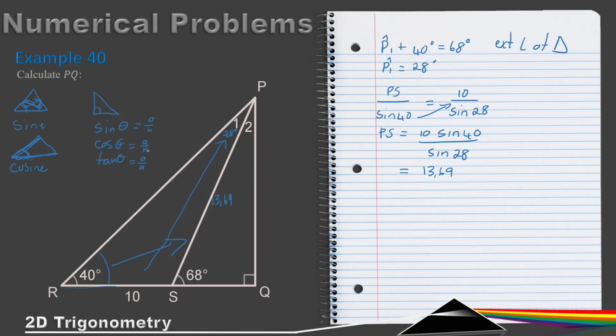Opposite and hypotenuse is sine, so sine of that angle 68 is equal to opposite, which is PQ, over 13,69. Now isolate PQ: multiply the 13,69 with sine, so PQ is equal to 13,69 times sine of 68, and type that into the calculator.